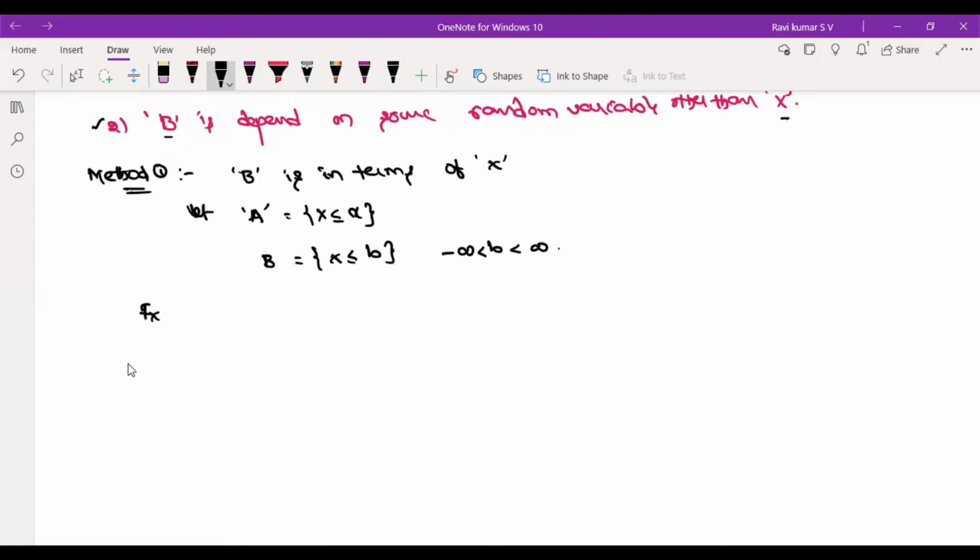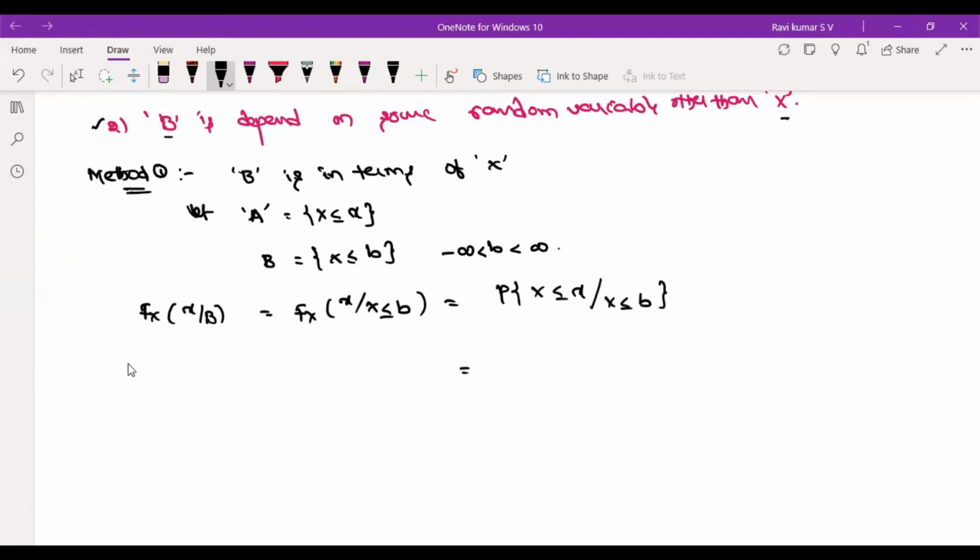So F_X(x|B) is equal to F_X(x | X less than or equal to b). You can express this as the probability of X less than or equal to x given X less than or equal to b. There is no problem in this expression.